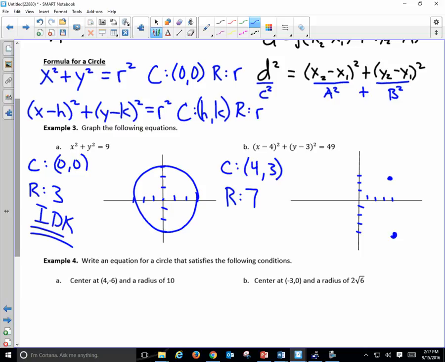If I go 7 units to the right, that will bring me all the way out to 11. If I go 7 units up, that would bring me all the way up to 10. If I go 7 units back, that would bring me all the way back to -3.